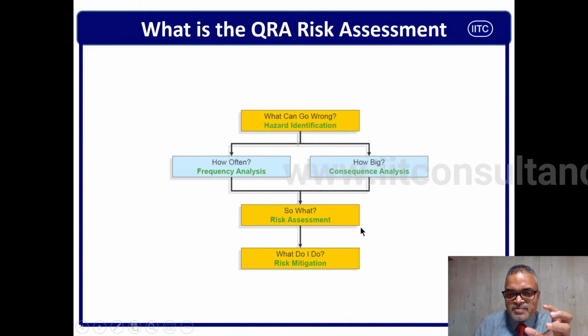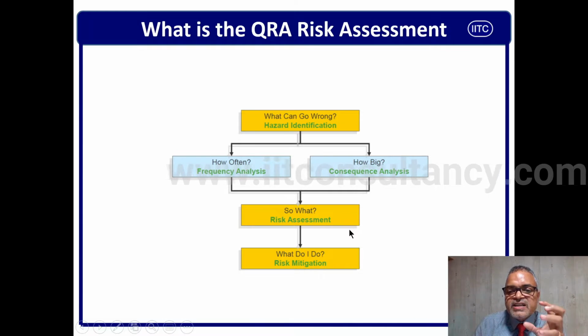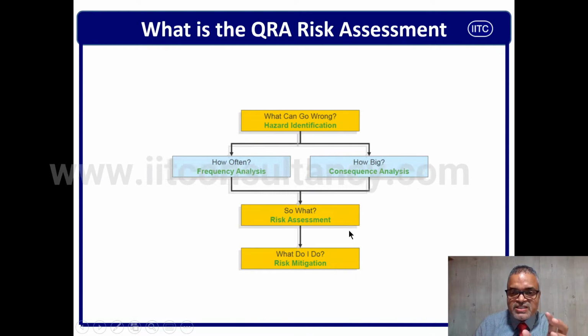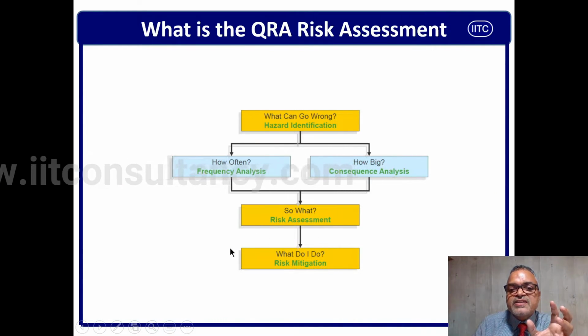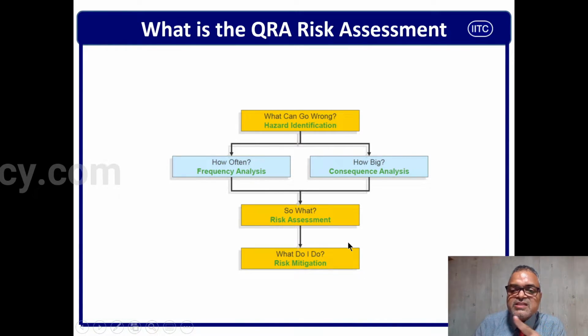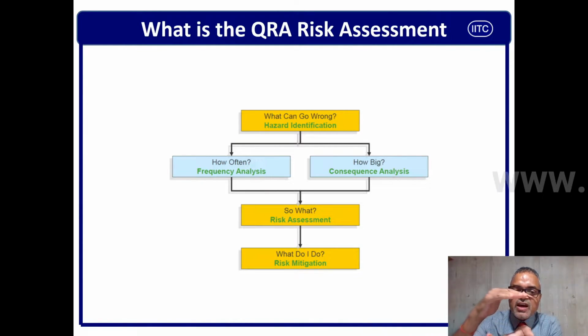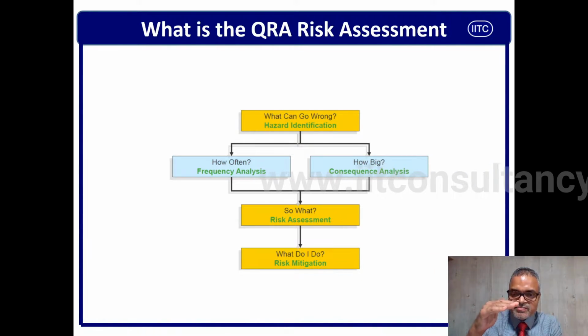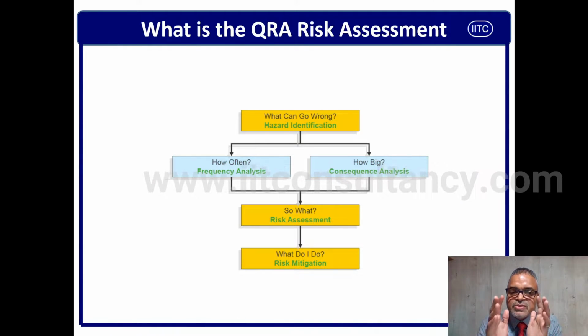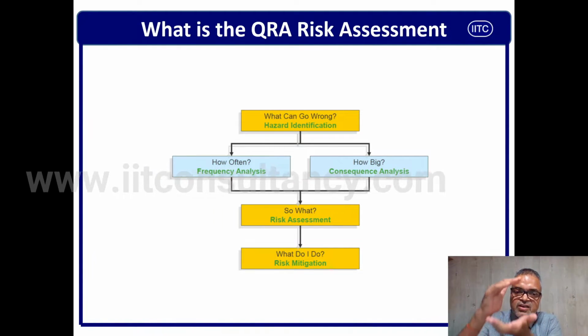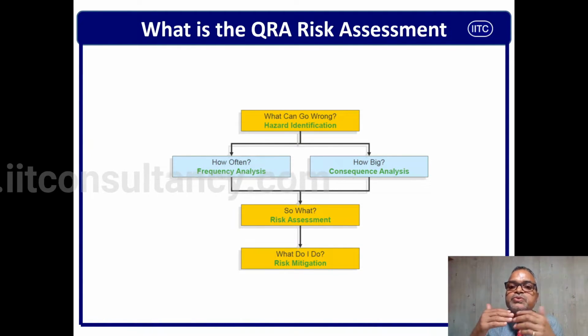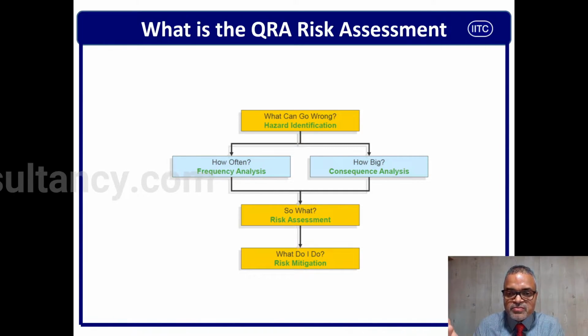When you are familiar with how to use PHAST or Safeti, these jobs become very clear. After identifying the risk in terms of quantity, then we need to identify the control measures. Is that risk in the intolerable band, or in the broadly acceptable zone, or in the tolerable zone? Once we know what the risk is and where the risk is falling, then we need to say, what do I do?